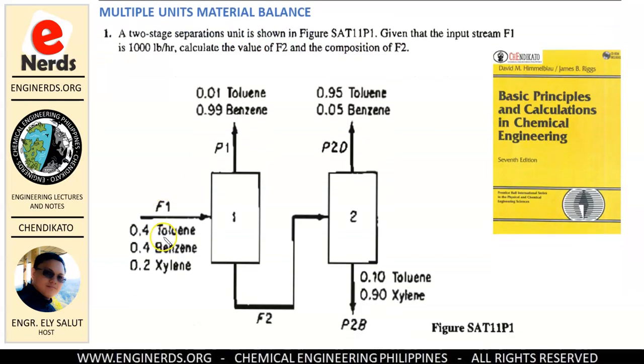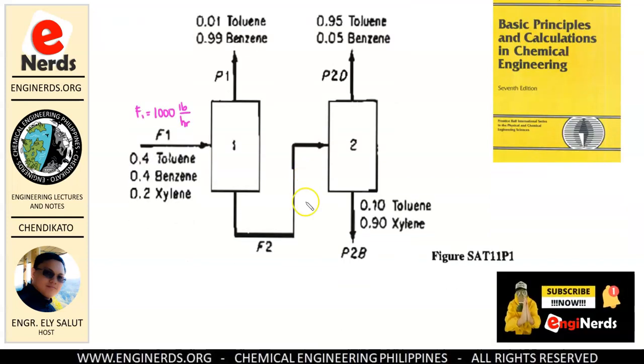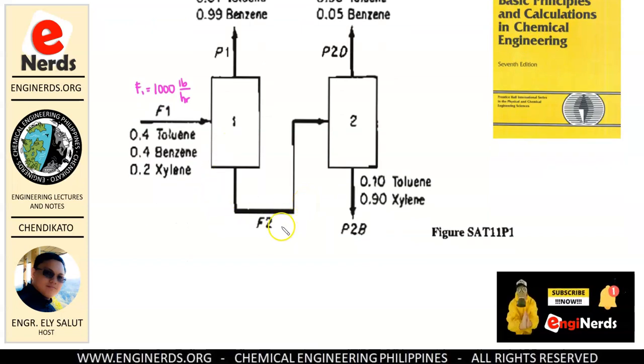Okay? So, dito, given na kaagad yung ating feed flow rate, no? So, let me write that. Our F1 is equal to 1,000 pounds per hour. Okay? And what we are asked is to find out kung ano itong value ng ating F2.